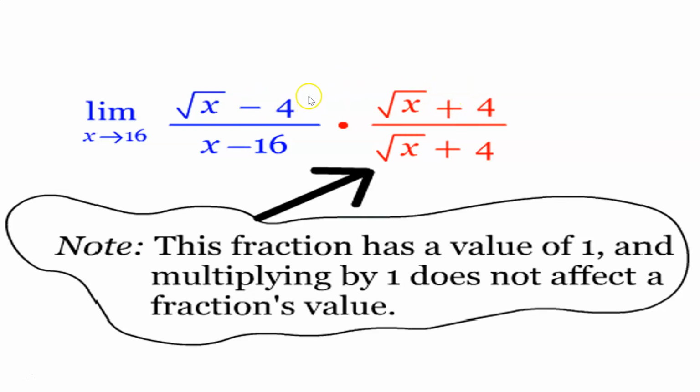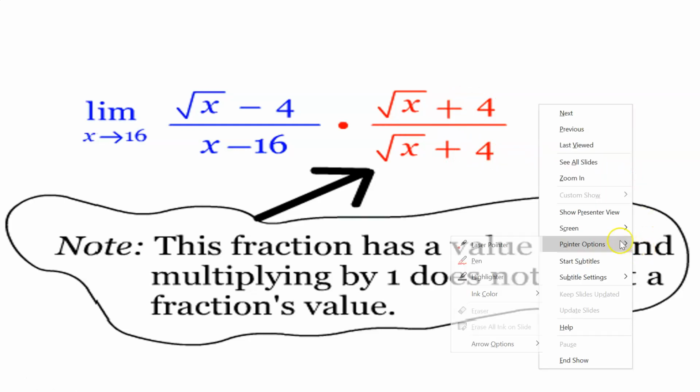Okay, so only the one with the square root or with the surd you're going to have the conjugate. Yang dekat bawah ni tidak perlu lah. So you will have a set of conjugate macam ni. Square root x plus 4 over square root x plus 4. So this thing is actually equal to 1.